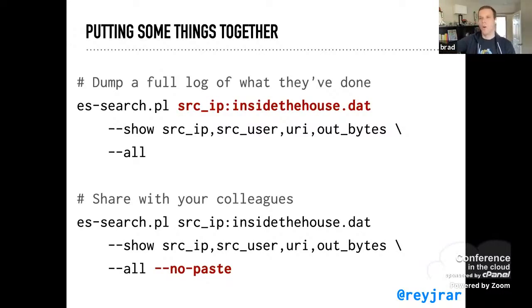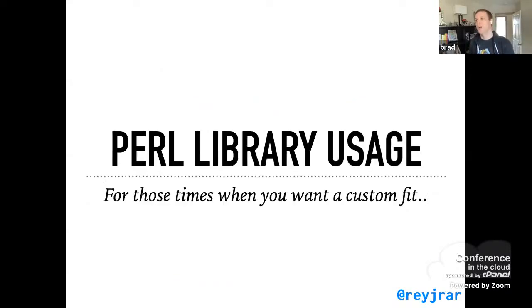Now I can get all the actions that this actor has taken, not just the ones that I got from the threat feed. And if I want to share that information with my colleagues, I can just do --nopaste, and it will paste it to my internal paste bin, and we have the document there for sharing.